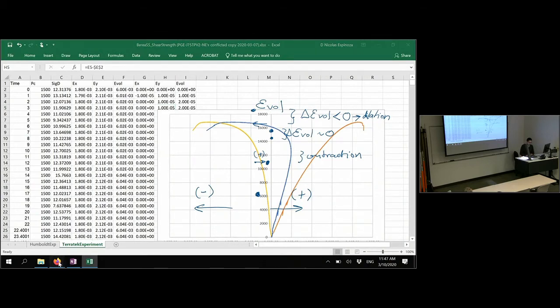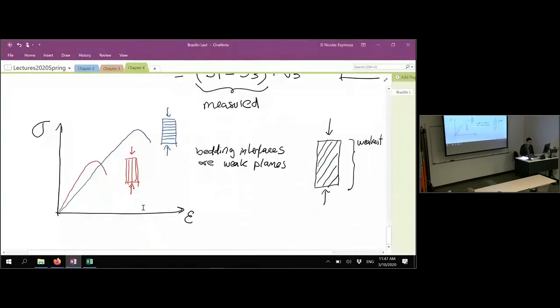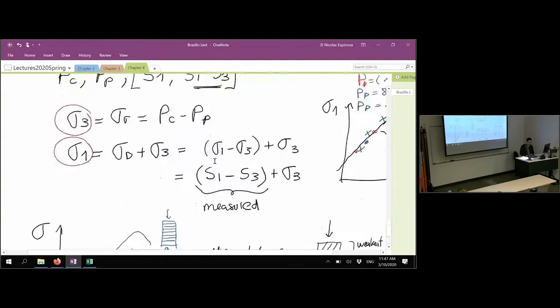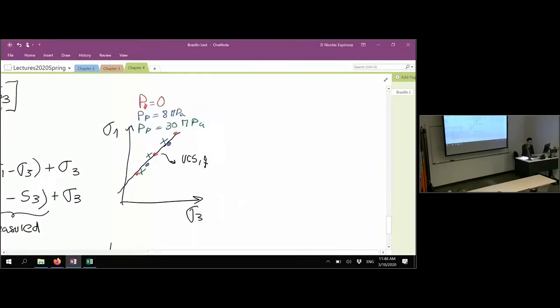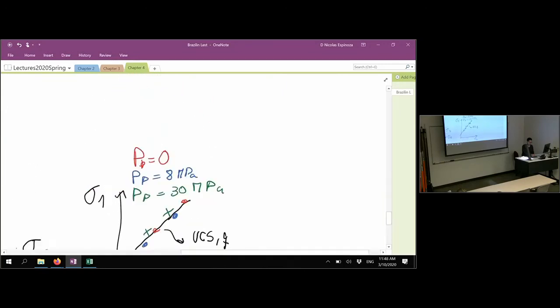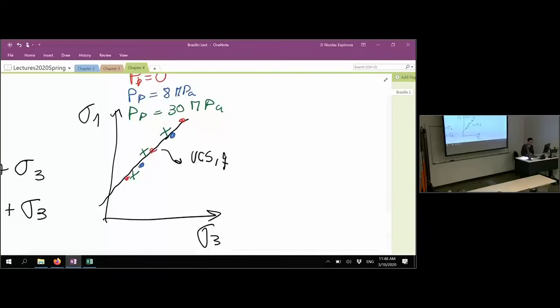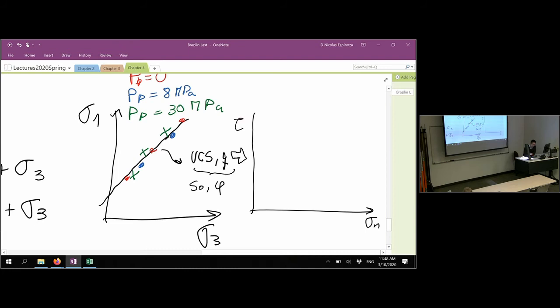Well, I see why you're asking that, but in practice, what happens is that when you do something like this, and your data does not exactly intercept the straight line that you use, then when you get from here the value of cohesive strength and the friction angle, the result is going to be that your Mohr circles are not going to exactly intercept that line.